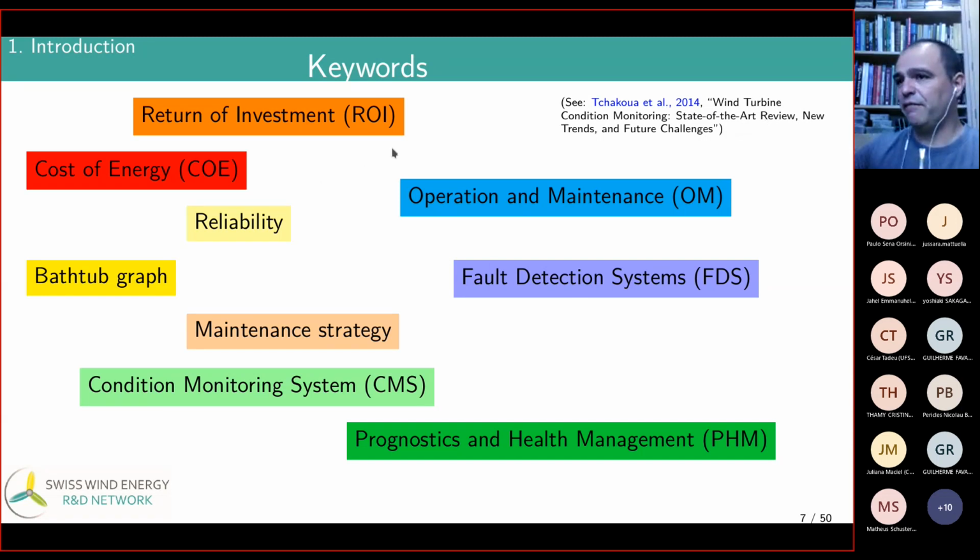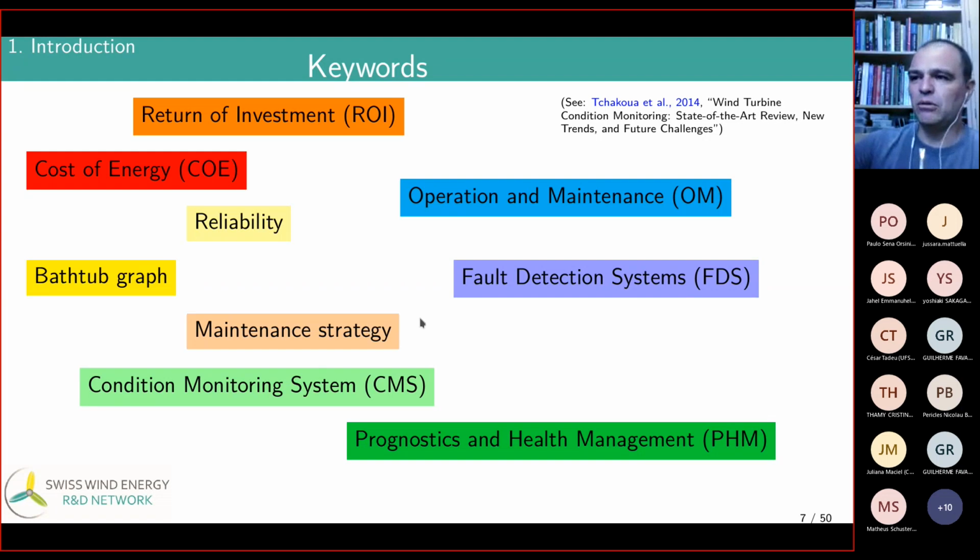And the most important thing here is, of course, the people that are investing in the wind farm, they want some return on their investment, right? So we need to reduce the cost of energy. We have to have reliability in the operations. So we need an operation and maintenance system. We need people dealing with that. We need to detect faults.